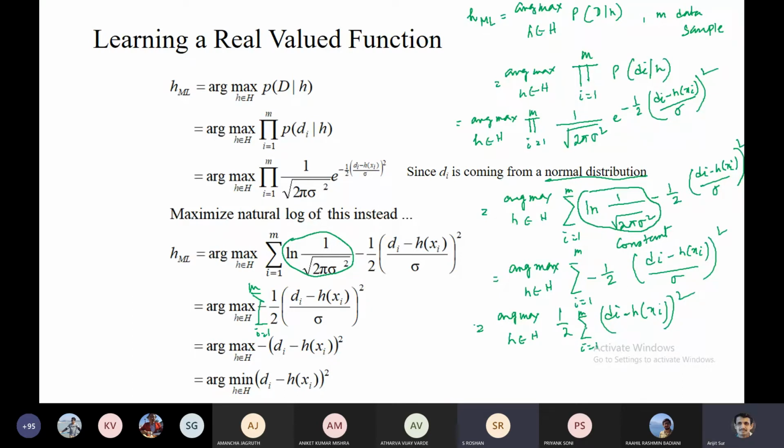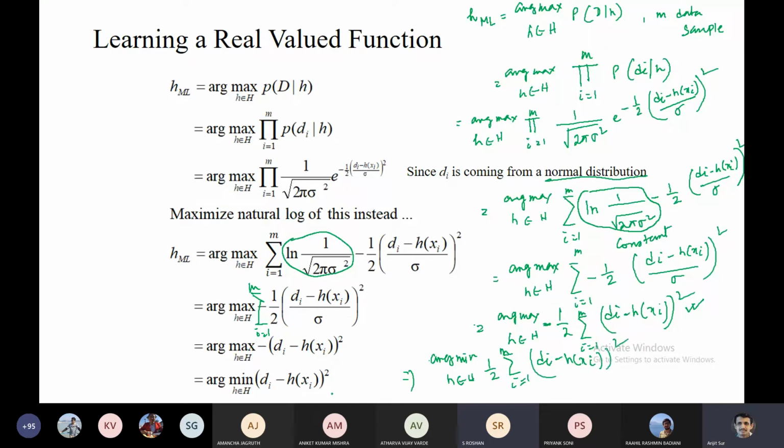Okay. Now are you familiar with this? What is this? Now there is one mistake: there is a minus here. So it is basically arg min, because this is a minus sign. h belongs to H, half summation i equal to 1 to m of (di minus h of xi) whole square.